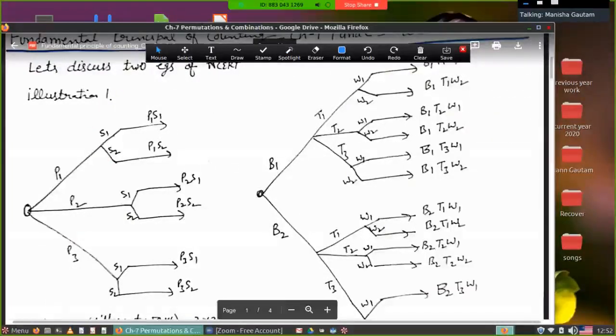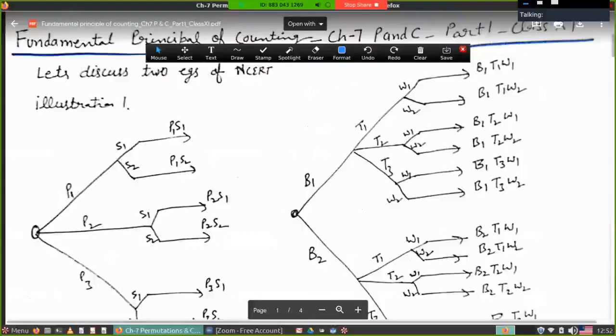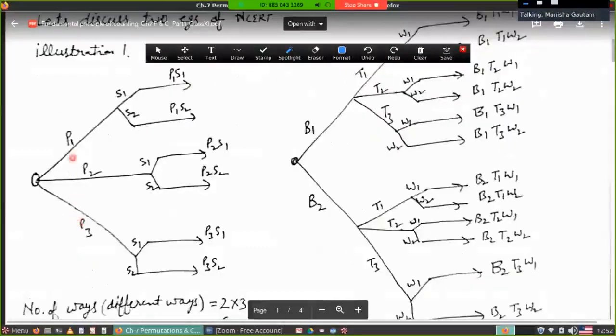Here I have just plotted 3 lines P1, P2, P3, which will represent pants: first pant, second pant and third pant. In common sense, you can think about it. The first pant can be worn with the first shirt and the second shirt. I have plotted S1 and S2 here.